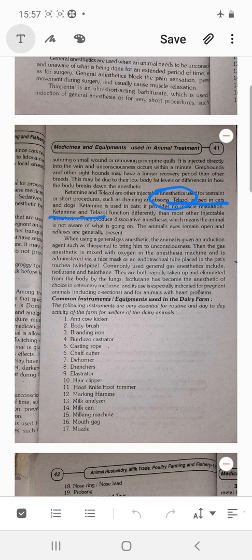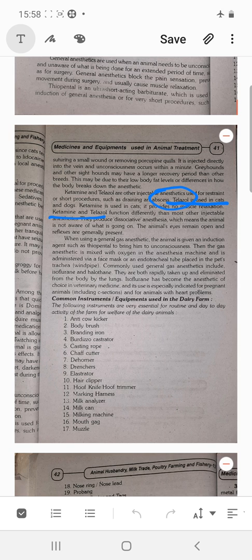It provides no muscle relaxation. Ketamine and telazol function differently than most other injectable anesthetics. They produce dissociative anesthesia, which means the animal is not aware of what is going on.